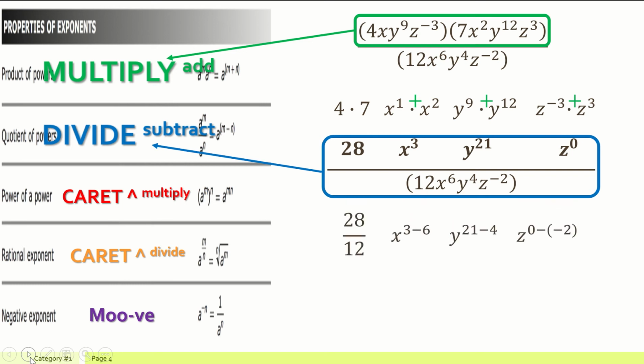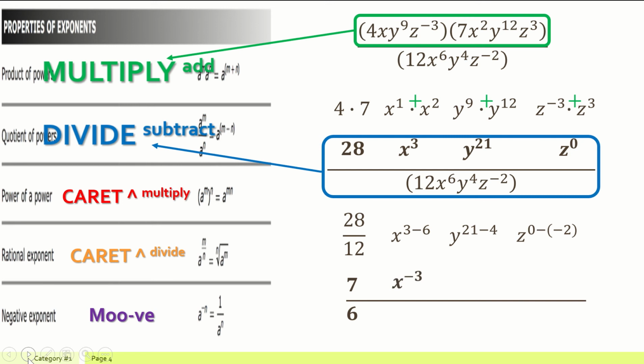Once again, if we group these together, we would divide our coefficients, 28 divided by 12, like you normally divide. 12 does not divide into 28 evenly, so you have to find your greatest common factor. And it looks to me like that would be 4. So 4 divides into 28 7 times, and 4 actually goes into 12 3 times. So I believe that's a typo. If you would fix that, it should be 7 over 3.